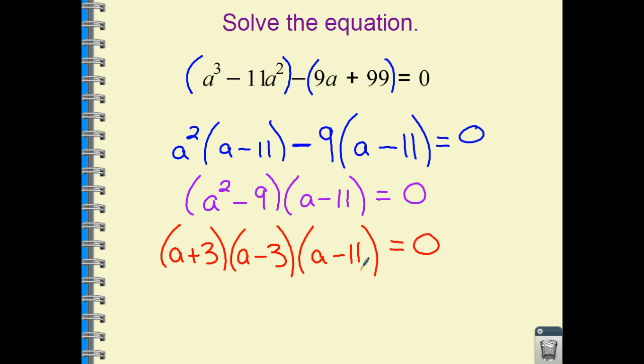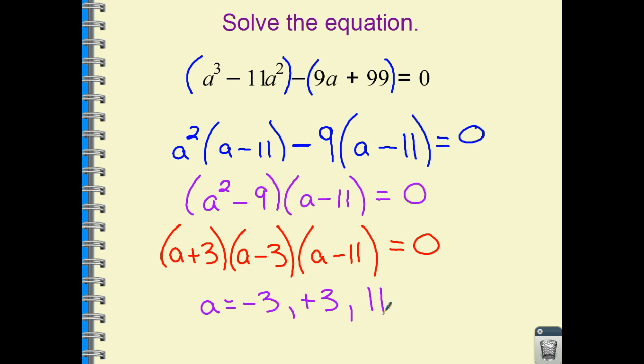And if I were to solve all three of those for a, we're going to have three values here. This a is going to be equal to a negative 3 when I solve for 0. This one is going to be a positive 3. And then the last one is going to be a positive 11.